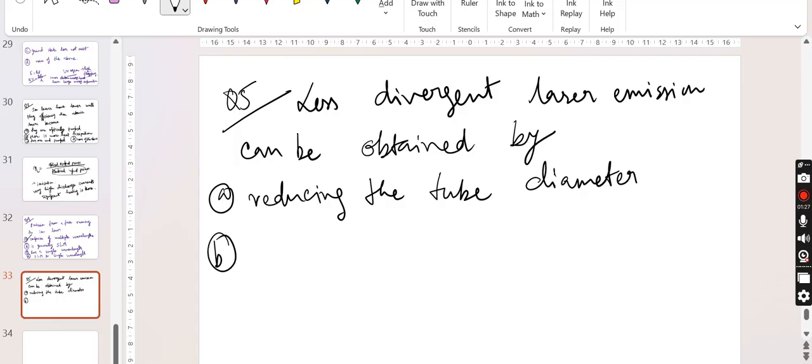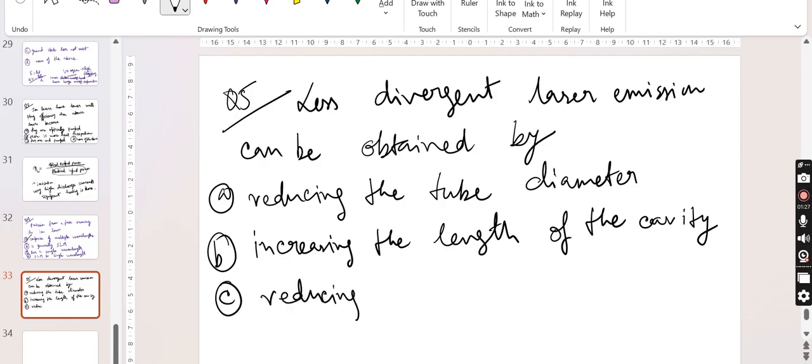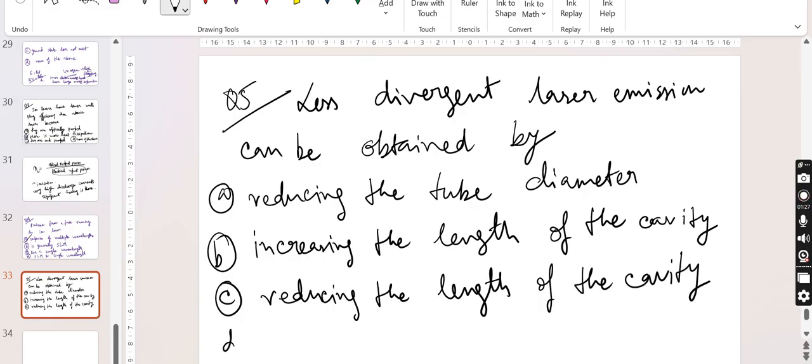B, increasing the length of the cavity. C, reducing the length of the cavity. D, increasing the tube diameter.